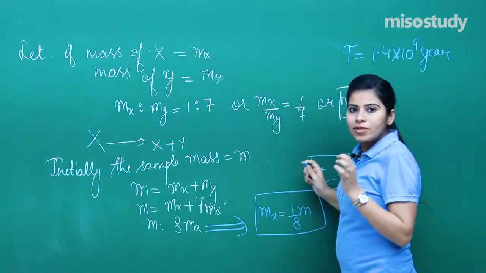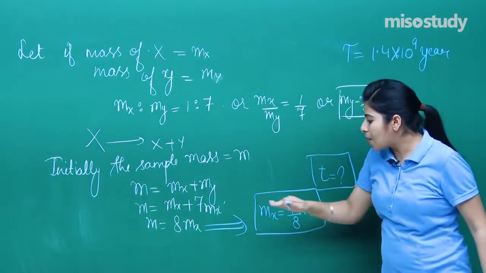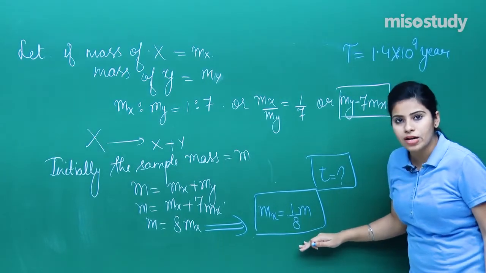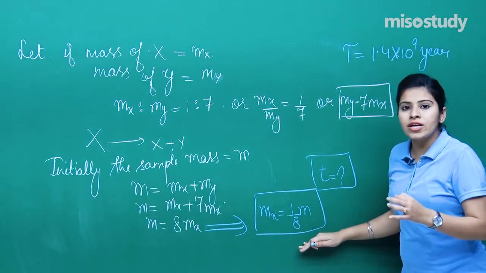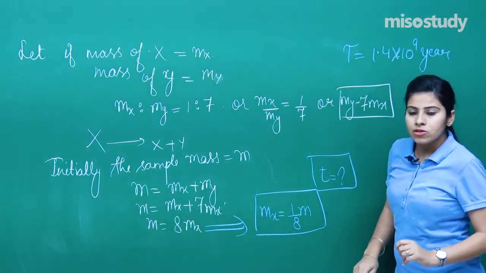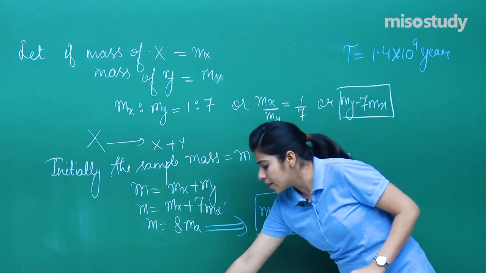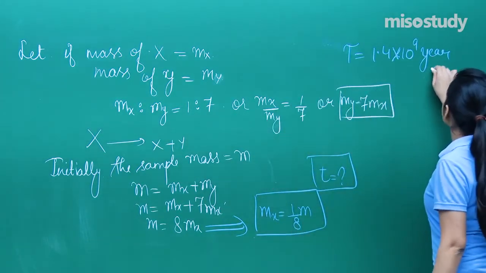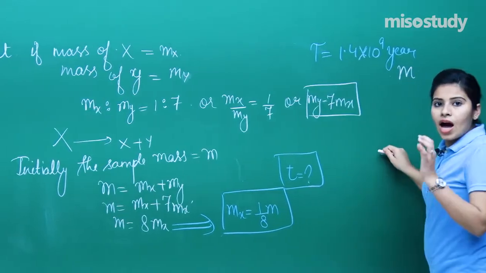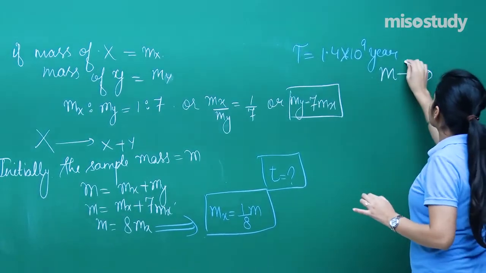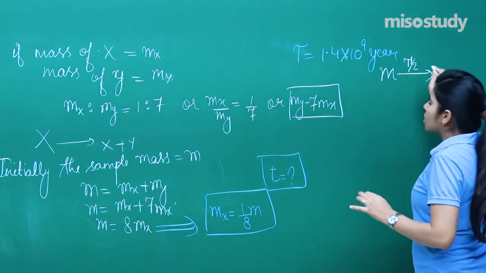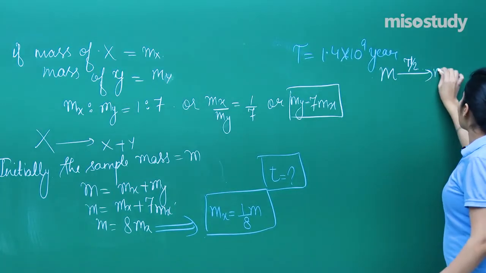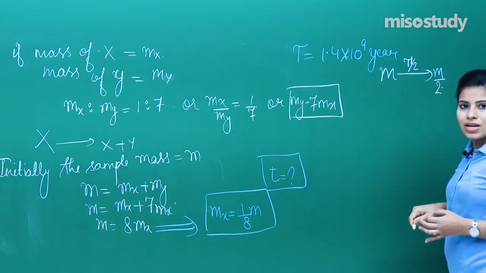Okay, so let me just tell you one thing. When the mass has been decayed to this much and initially the mass was M. So let us just do one thing. Initially that was mass M. After one half-life, it will be becoming M upon 2, isn't it?